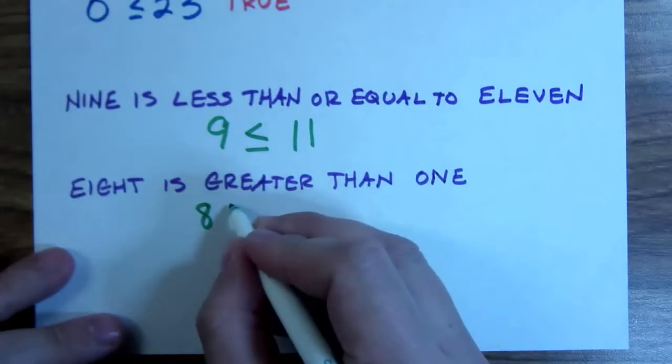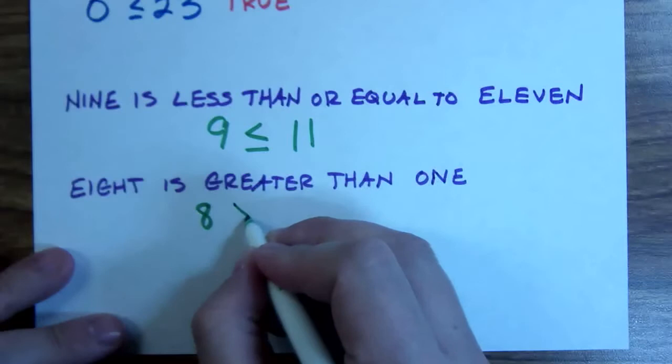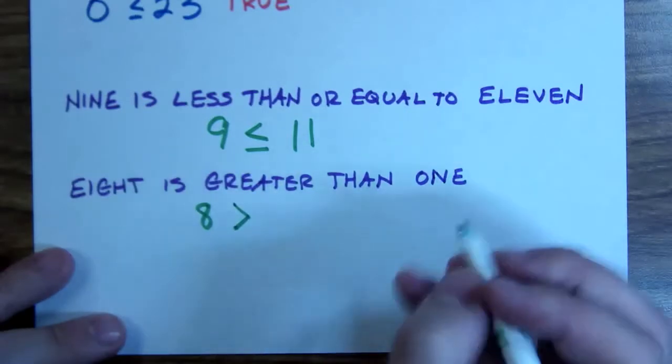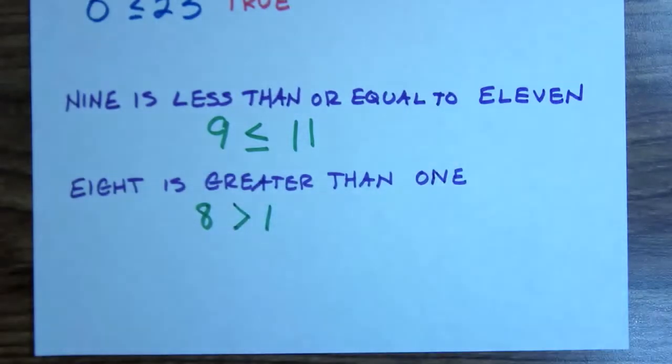Good. Greater than is the one that opens left. Good. No equal to line on that one, right? It's not greater than or equal to, it's just greater than. How about this one?